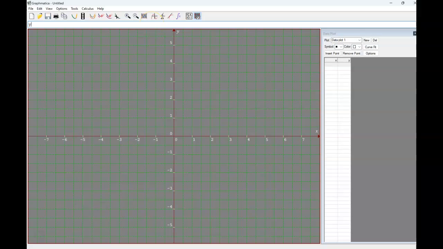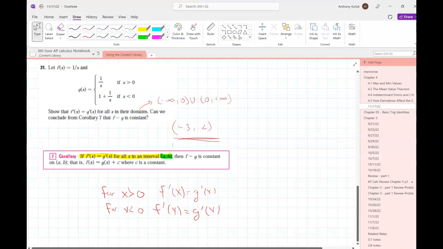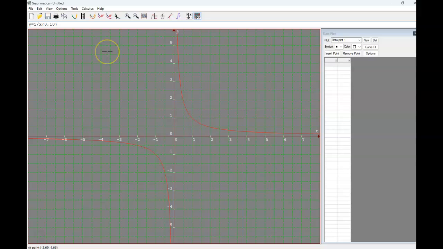So here's f of x, and the blue there is g, or one half of g.